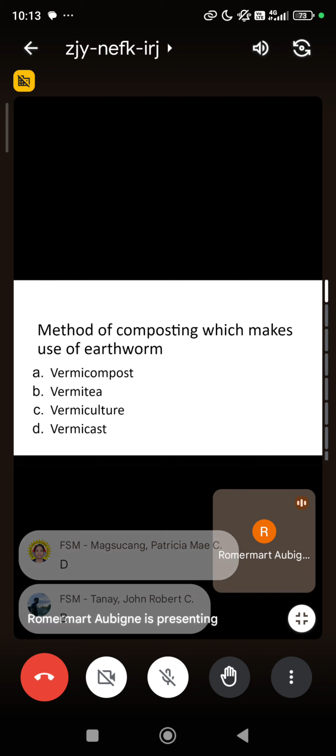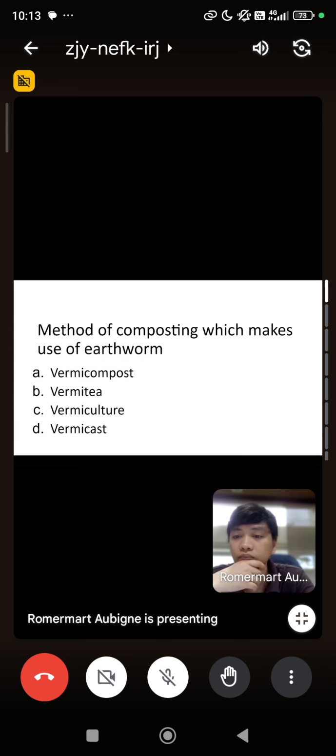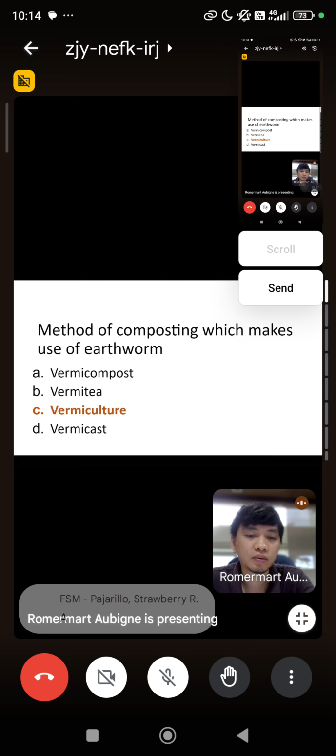Method of composting which makes use of earthworm. So the answer is vermiculture. Ano po ba yung vermicompost?